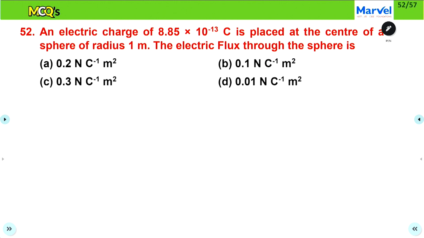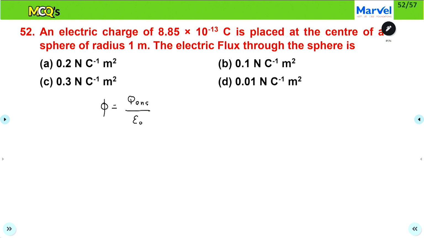An electric charge of 8.85 into 10 power minus 13 coulomb is placed at the center of a sphere of radius 1 meter. What is the electric flux through the sphere? So according to Gauss law, the electric flux that is coming out of the enclosed surface is Q enclosed by epsilon naught.